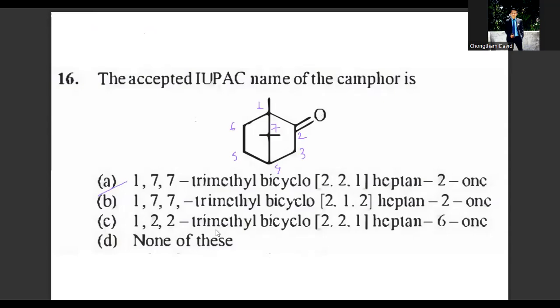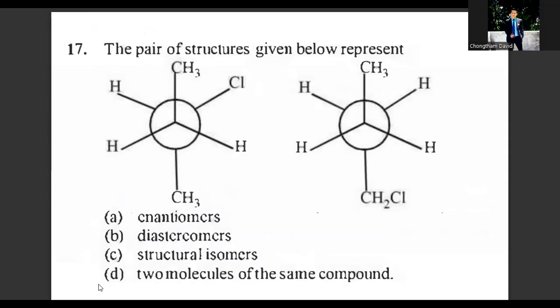Question number 17. The pair of structures given below represents enantiomers, diastereomers, structural isomers, or two molecules of the same compound. So which of these is the correct answer? You can convert this Newman projection into the open chain structure. So how to convert this to the open chain structure? I'll write it here: chlorine, hydrogen. This is the Fischer structure of the given Newman structure.